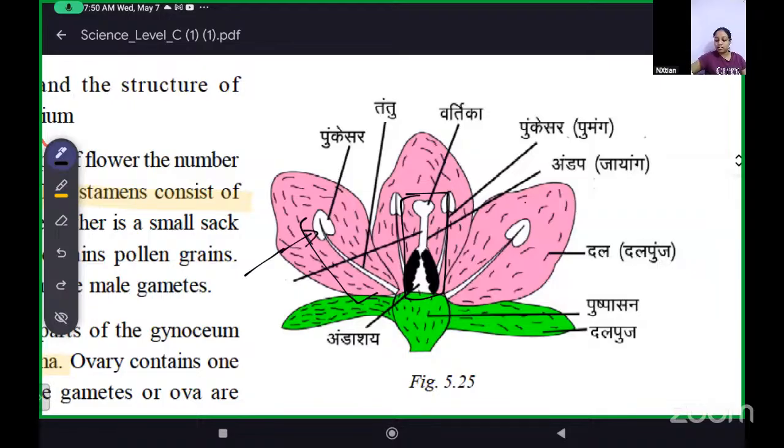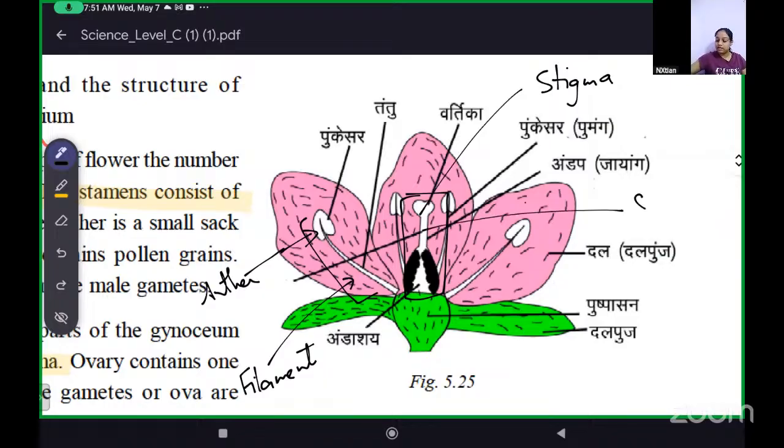Whereas in anther, this outer thing is known as stamen altogether. Top portion is called anther, and the lower portion is known as filament. This top portion is stigma. This tube is style, and the center is ovary.